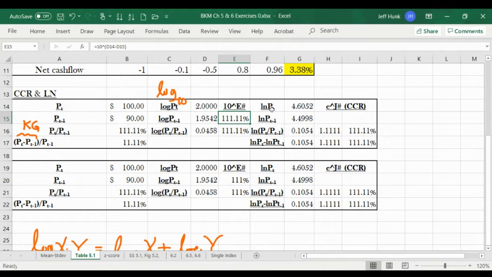And then let's see how much the difference is if you take the natural log. If you take the natural log of 100, right? That's the natural log of 100. The natural log of 90. That's the natural log of 90.